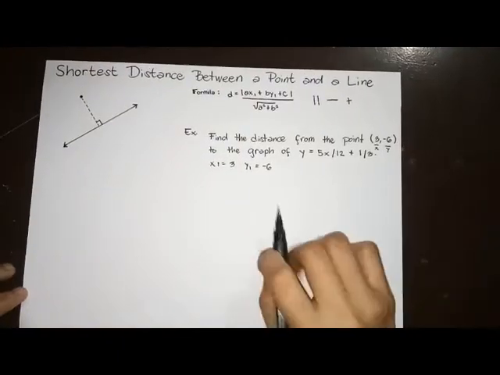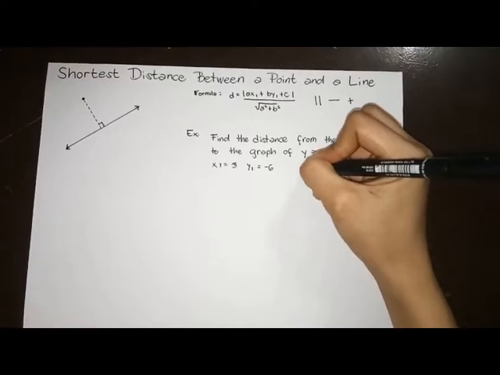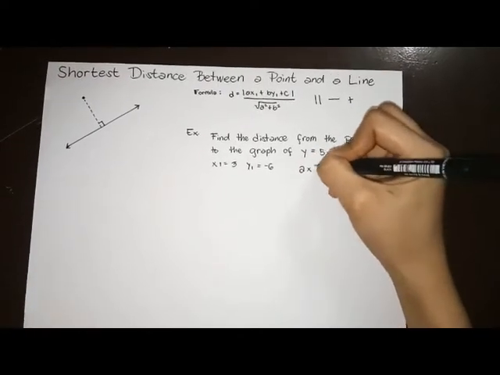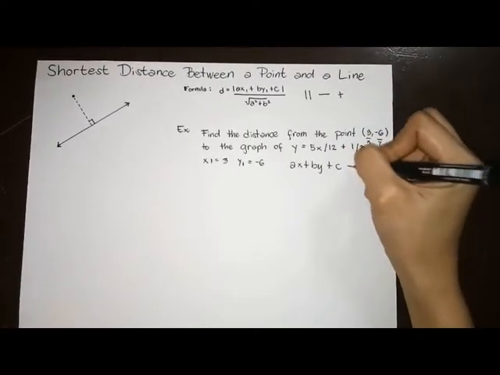So what we need to do now is to write it in the standard form, in this format: ax plus by plus c equals 0.